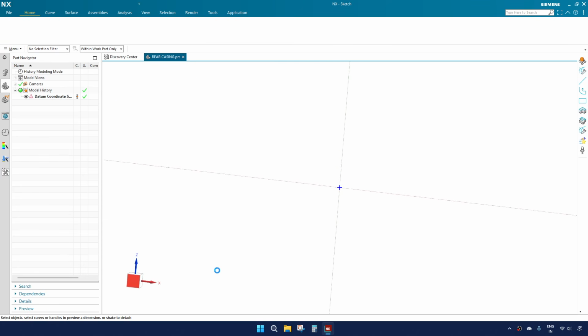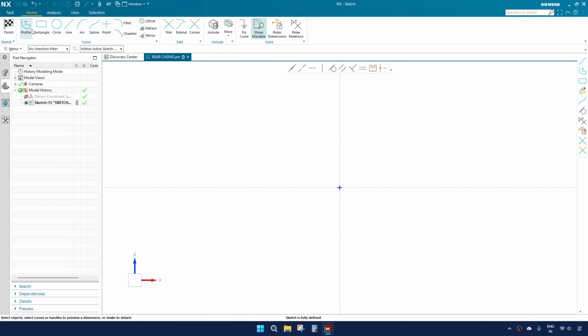Take any of the planes. First take a profile. Here to here it should be 190. Sorry, it's 98.